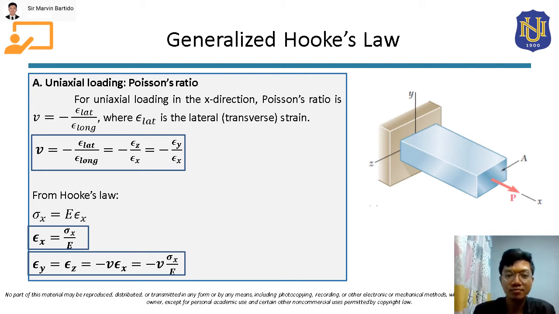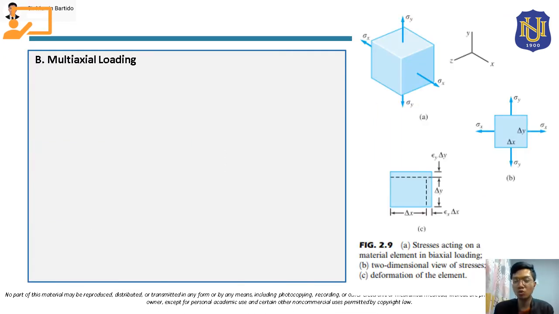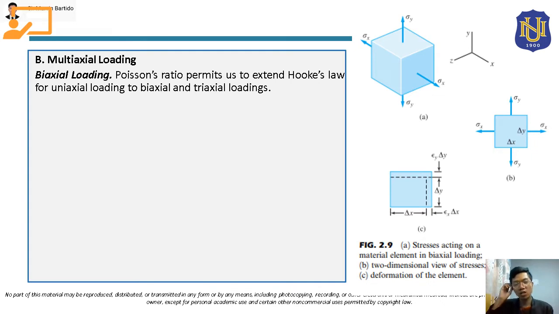We will now proceed to multi-axial loading by using generalized Hooke's law. Multi-axial loading is divided into biaxial loading and triaxial loading. We will discuss first the biaxial loading. Poisson's ratio permits us to extend Hooke's law for uniaxial loading to biaxial and triaxial loading.